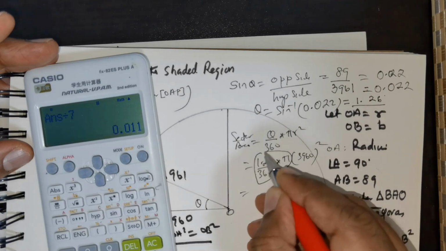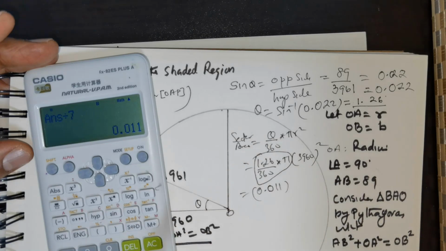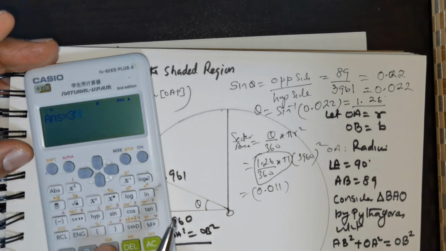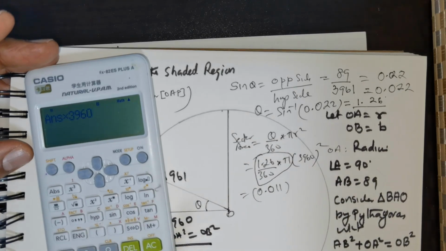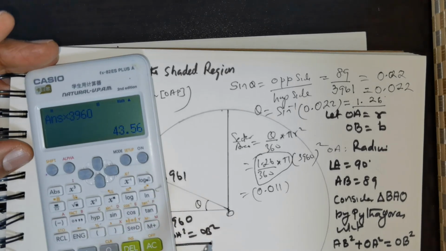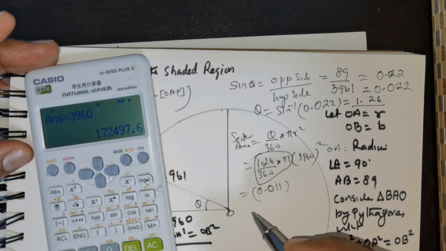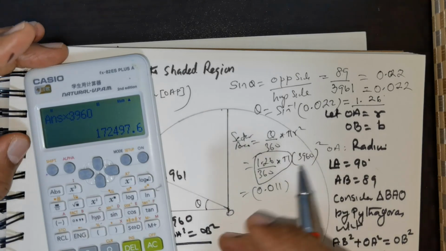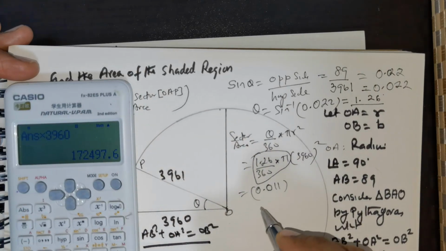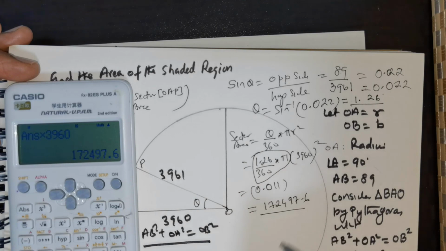So this entire thing gives me 0.011 multiplied with 3960, and that is multiplied with 3960 again. So I'm getting the sector area. Sector area is 172497.6. So that's a huge one.